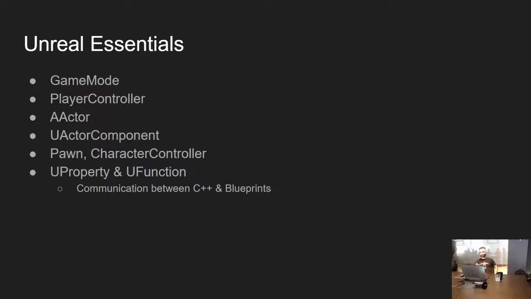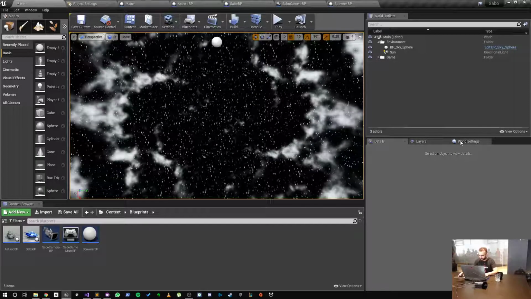Okay, there's a few things I want to mention quickly about Unreal that are very common or good to know. The game mode basically says what your default camera is, what the default pawn is, what your default player actor, player controller, and UI are. Actually, I can show you really quick here.